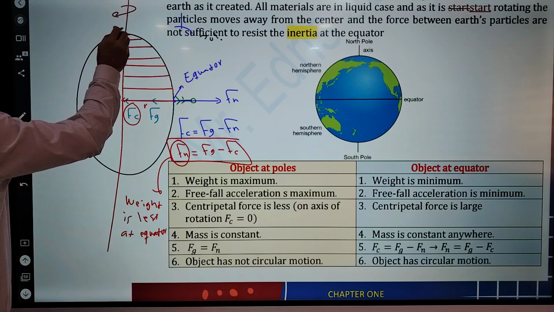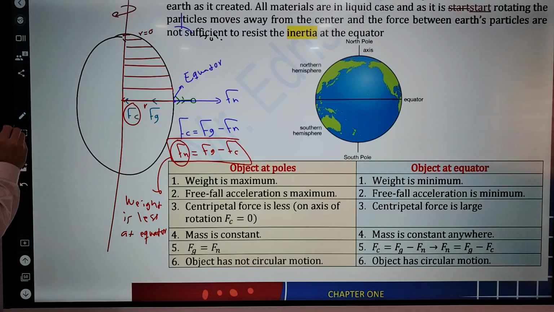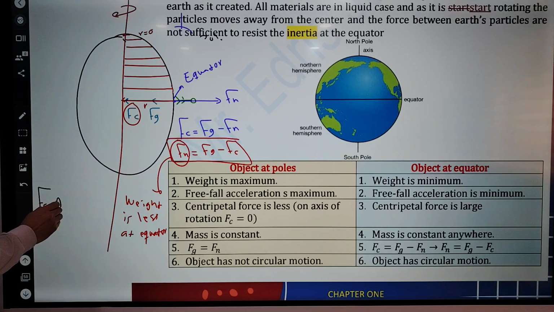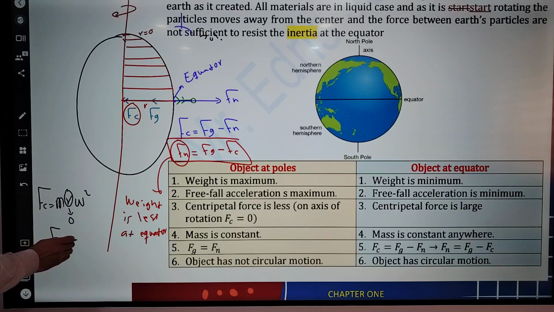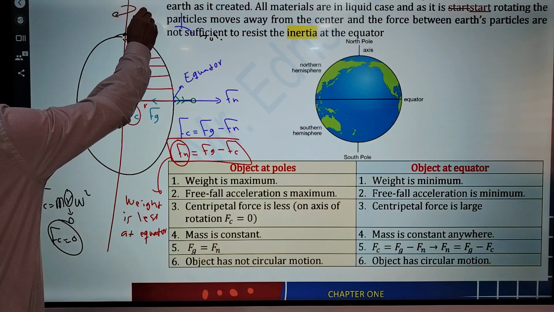At this point, r is equal to 0. According to this equation, Fc for a rotating object is equal to m r omega square. When r is 0, what happens to the centripetal force? It also becomes 0.